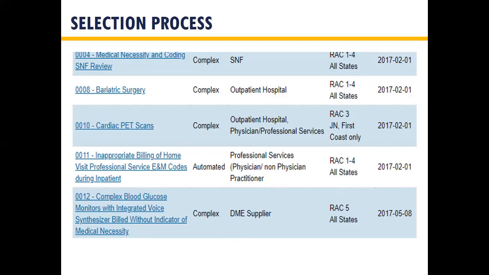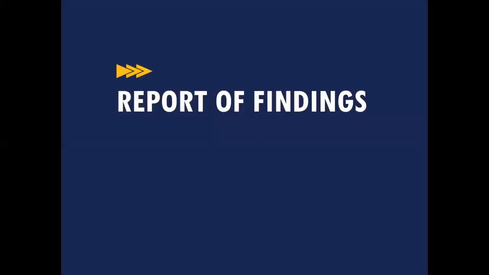So if you're performing any of those types of services, you can focus in on those. And then we've got medical necessity as it pertains to blood glucose monitoring. These lists are based on those RAC reviews, and there's also a date in the far right column, which tells you when those were put on the list.